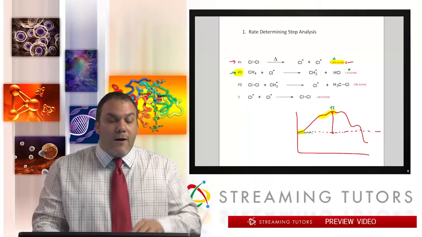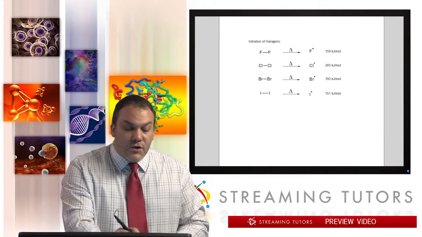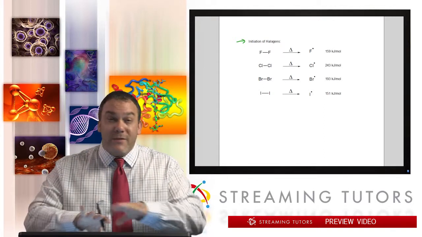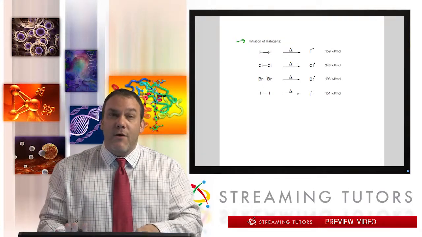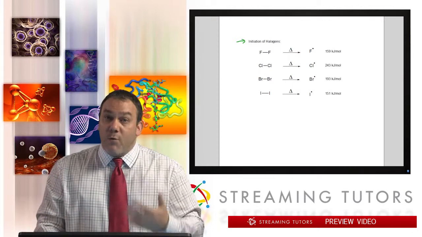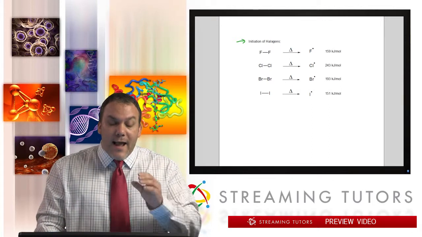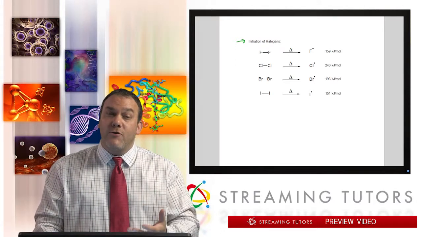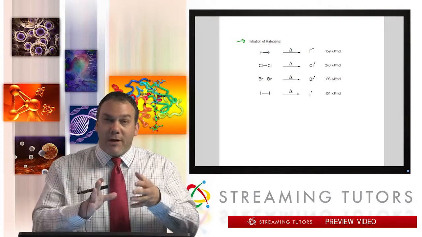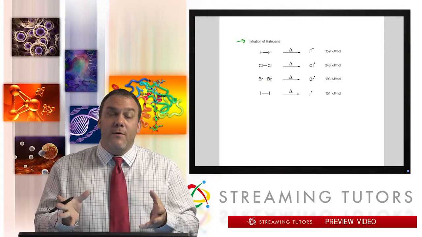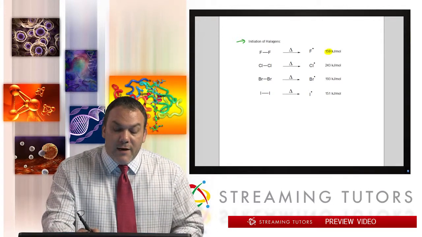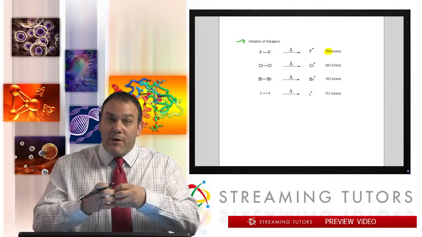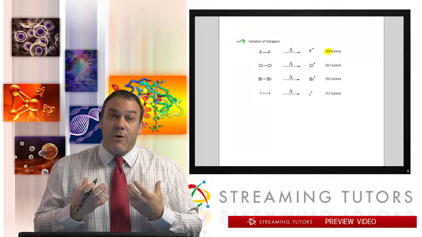Okay, now, when we think about the initiation, and again, I want to just emphasize there's a pattern here that's different than what we're going to see next. So if initiation was the rate determining step, and I ask you which halogen would you expect to actually require the most energy? Well, when you do your analysis by looking at the bond dissociation energy table, you would find that fluorine is going to actually require 159 kilojoules per mole. That's when the bond breaks, that's what's absorbed, right?